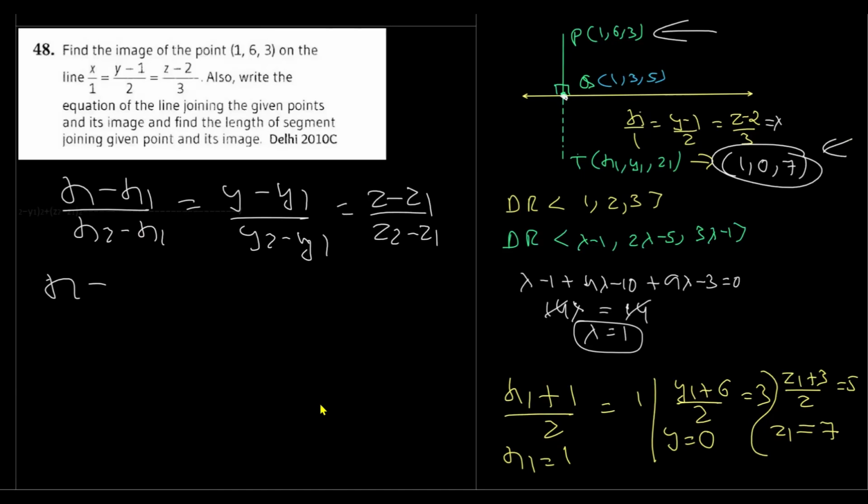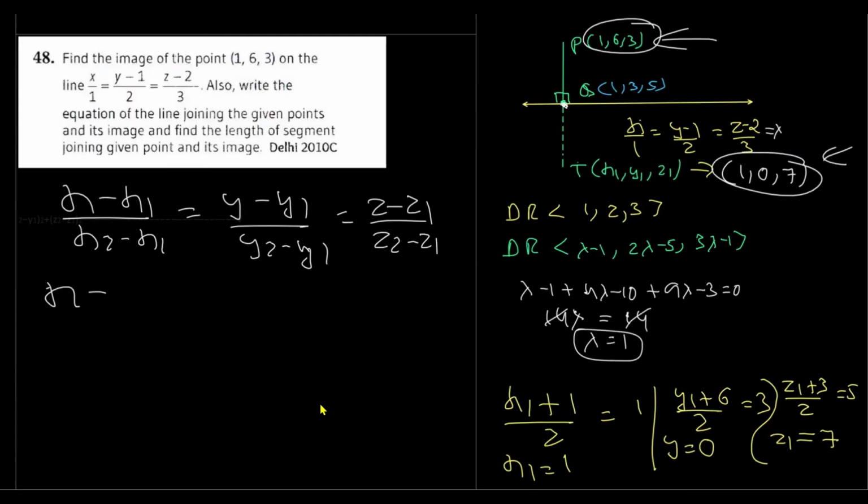So x minus 1 over x2 minus x1, so 1 minus 1. y minus y1, which is 6 over here, and y2, which is 0, minus 6.